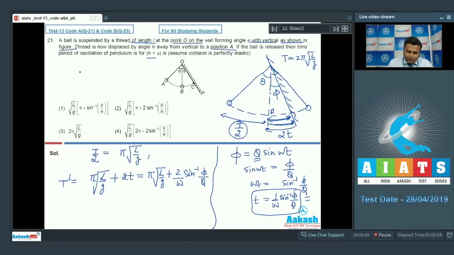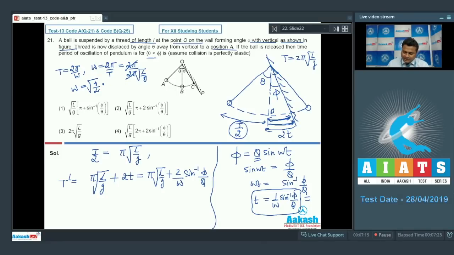Now we know very well that T equals 2 pi by omega. Therefore omega equals 2 pi upon T, that is 2 pi upon 2 pi under root L by G. 2 pi cancel. We will get the value of omega as under root G by L.